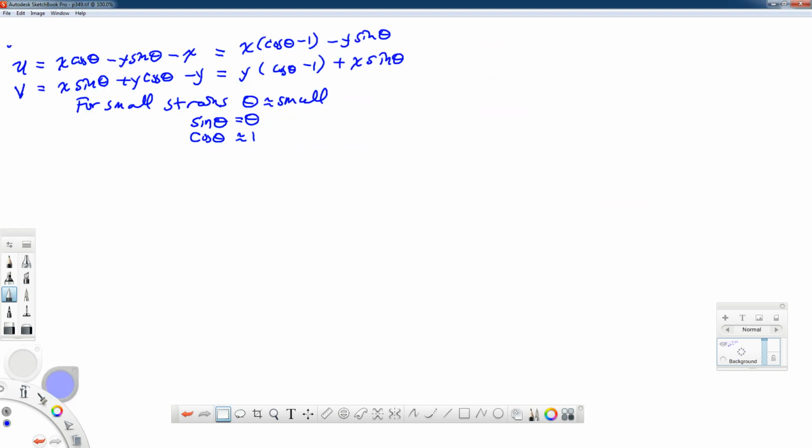And so, with that information, these two terms effectively disappear, and the sine theta turns into theta, so this turns out to be minus y theta, and this one turns into x theta.